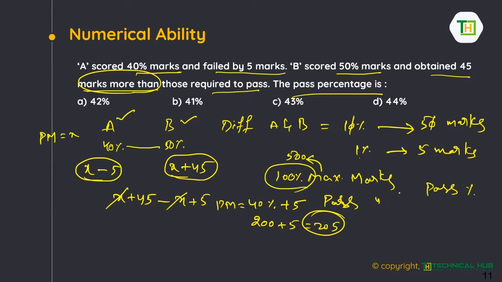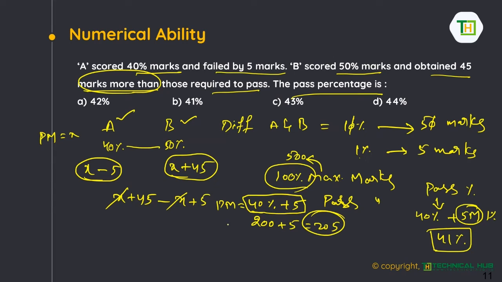And now, pass percentage. You can easily calculate it just by seeing this sentence: 40 percentage plus 5 marks. As we know that 5 marks is equal to 1 percentage, therefore pass percentage is 41 percentage.